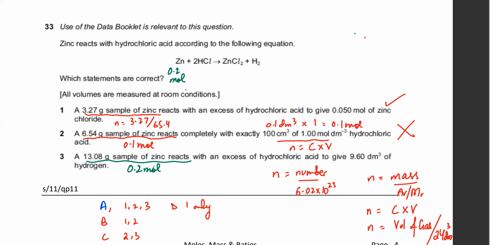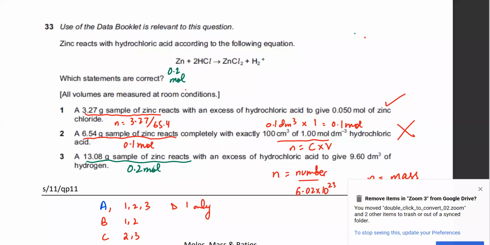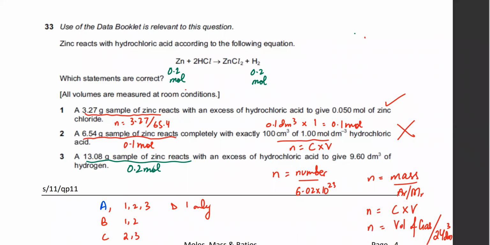And we need to figure out the volume of H2, like it's 1:1, right? So the moles of H2 are going to be exactly the same. It's going to be 0.2 moles as well.